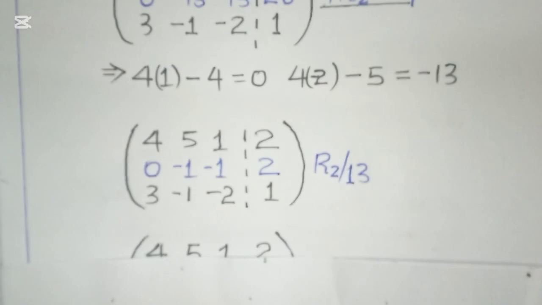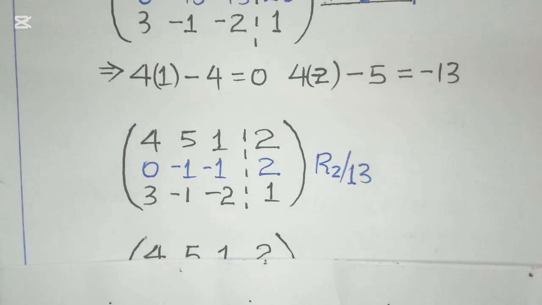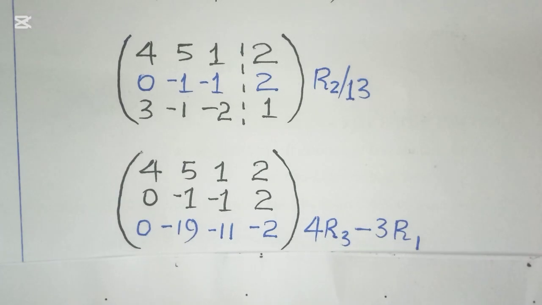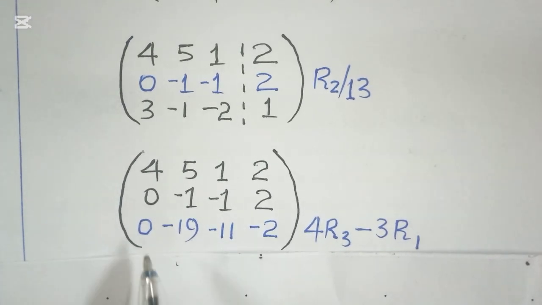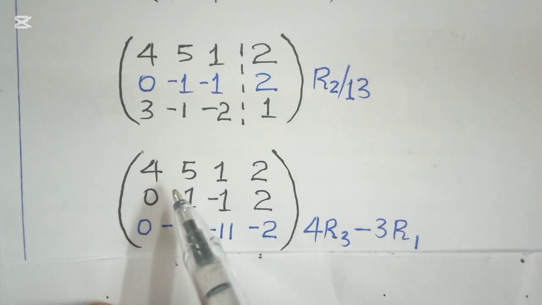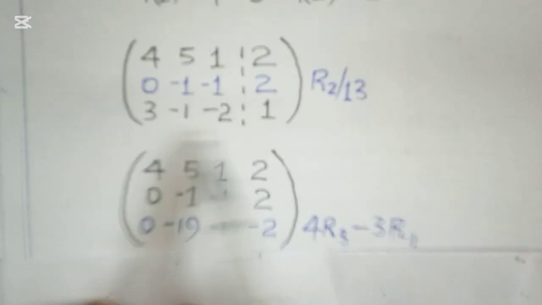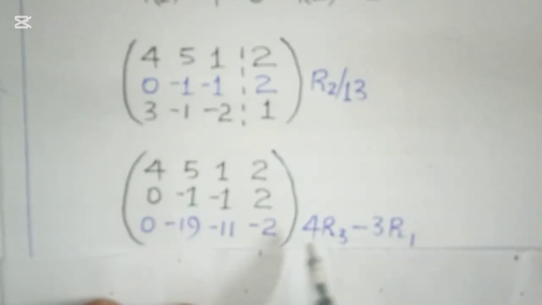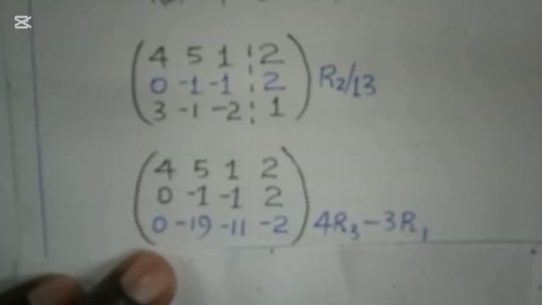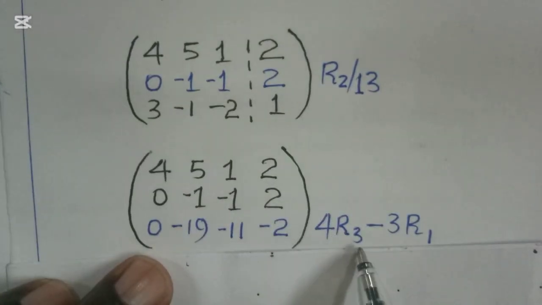Now I want to get either this or that to be 0. And this is what we have. I have decided it is this first. So I will use this matrix to manipulate this. You have row 3.